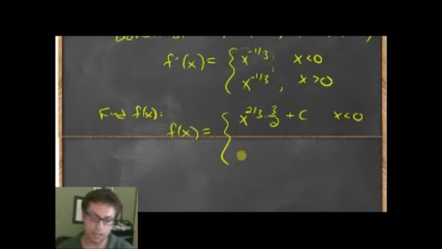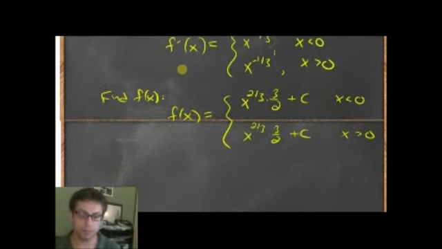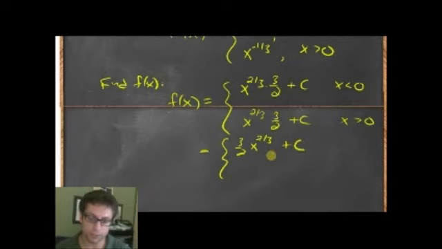And then down here you're going to get x to the 2/3 times 3/2 plus c. Again, it's the exact same function. Let me just simplify that, and you get 3/2 x to the 2/3 plus c.